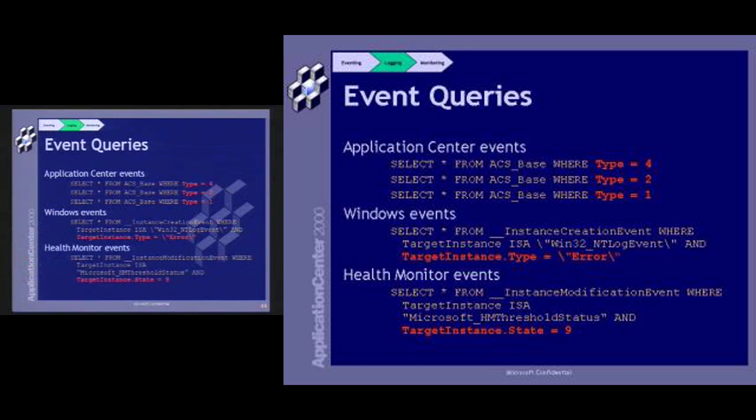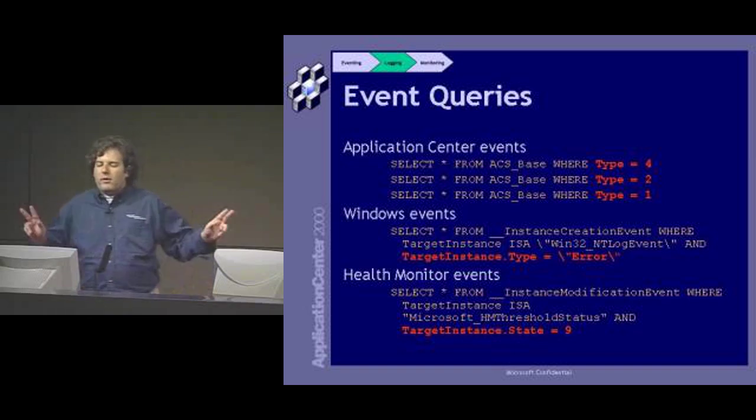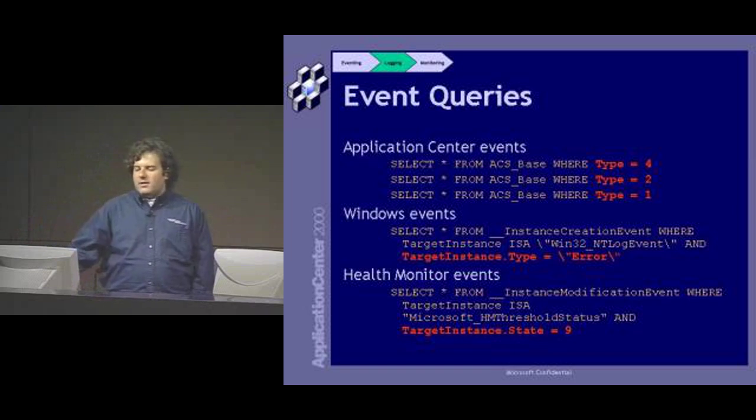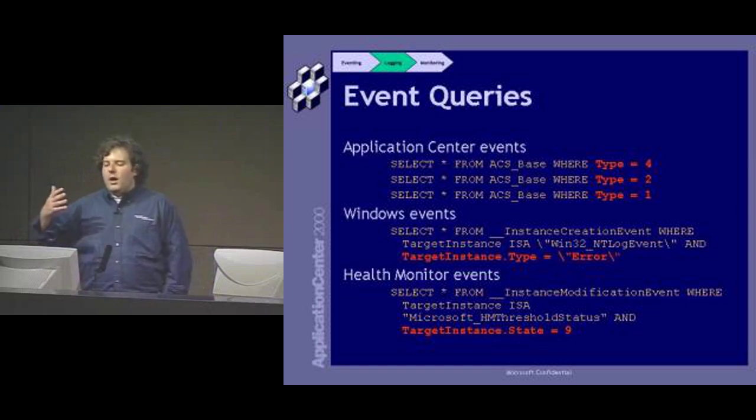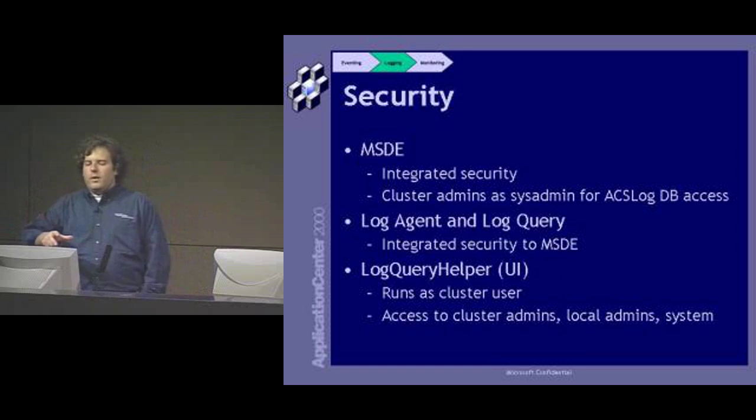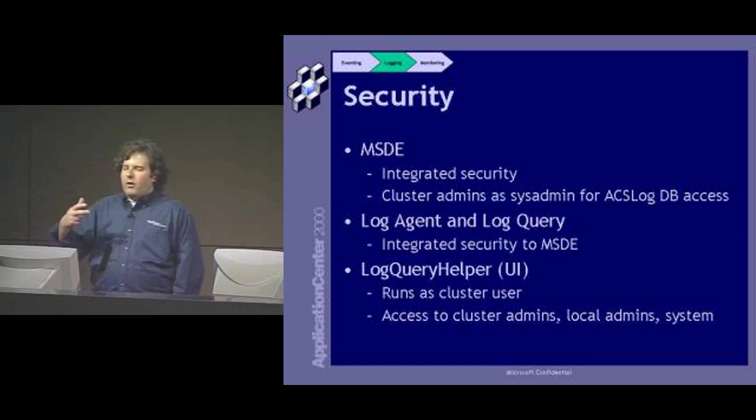And for health mod events, select star from instance modification event, where target instance is a Microsoft HM threshold status, and target instance state equals 9. So this is doing a WMI query for all critical threshold events.